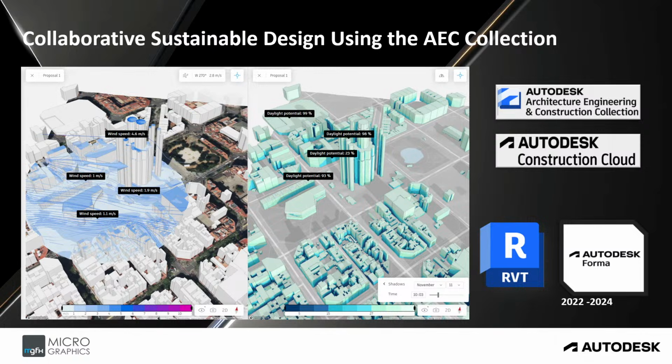Autodesk Forma enables urban designers and planners to analyze environmental factors like sunlight, wind, and noise at the neighborhood and city scale. These insights guide more sustainable choices, such as optimizing building orientation for passive solar gain or determining ideal green space placement to enhance urban cooling.